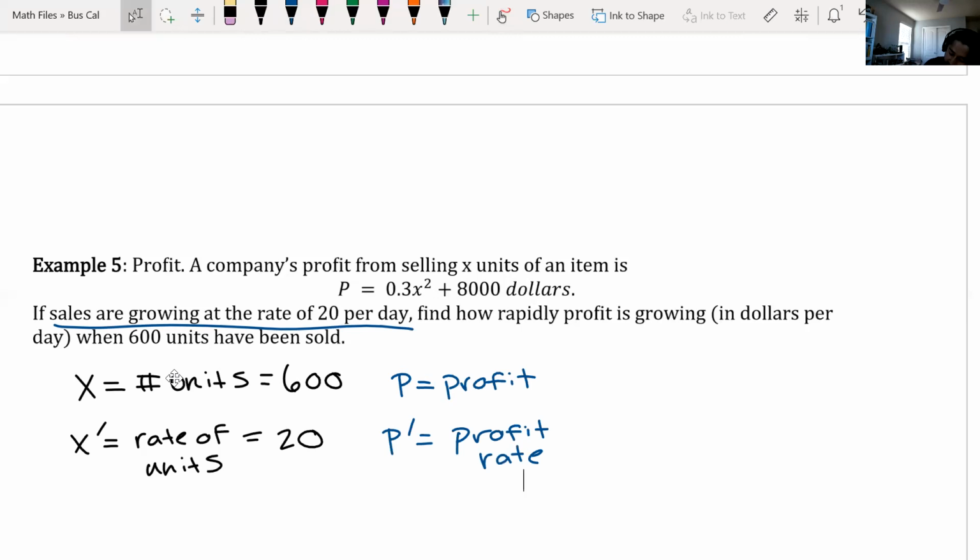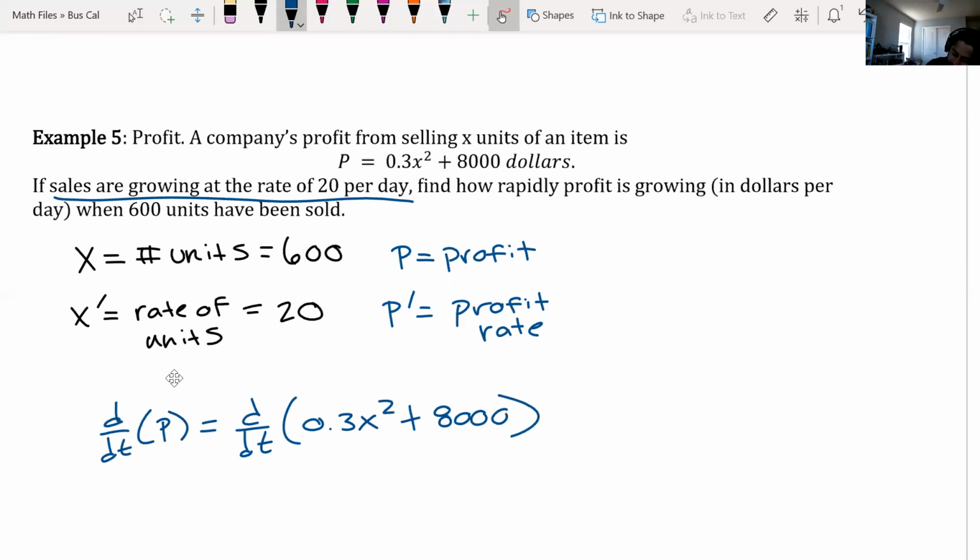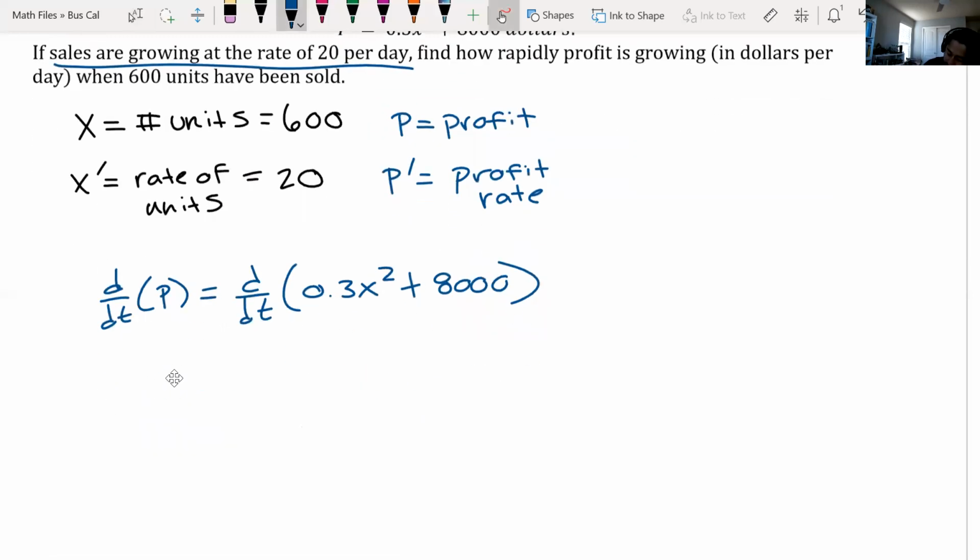Okay. So all we have to do is take this function given and take the derivative of it implicitly. Okay. So we're going to say d over dt of P is equal to d over dt of 0.3x squared plus 8,000. We then know that the implicit derivative of P is P prime.